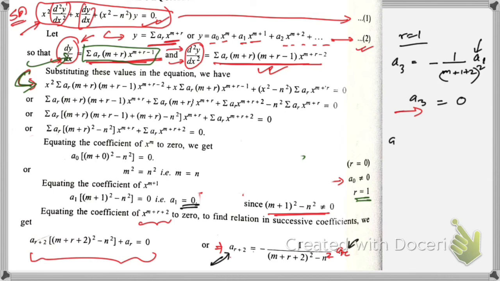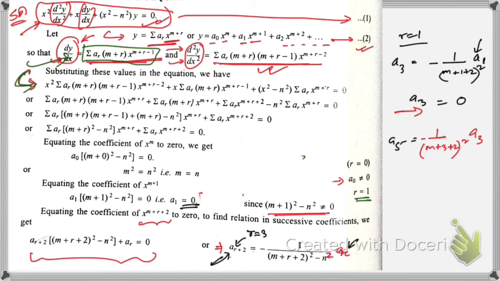Now to find a5, if you put r equal to 3 here, then you will get a5 equal to minus 1 by (m plus 3 plus 2) whole square times a3.